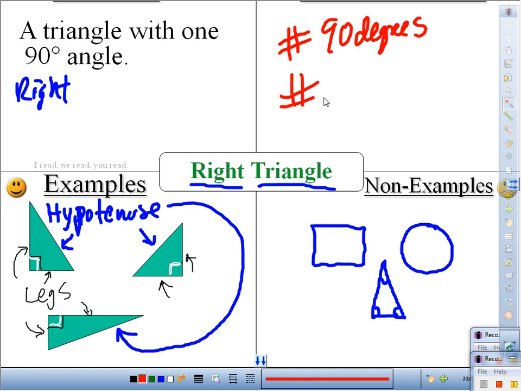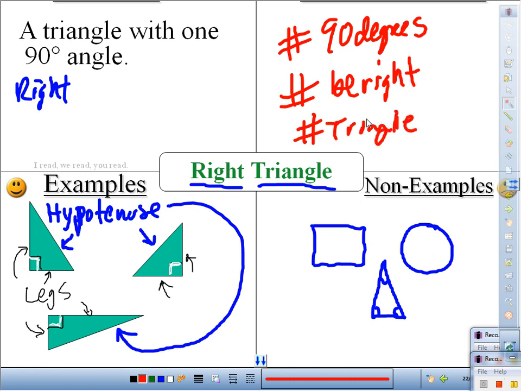Julian? Marissa? Oh, be right. How about hashtag triangle? Bam. Can you believe that? Woo! That was like way out there, huh?